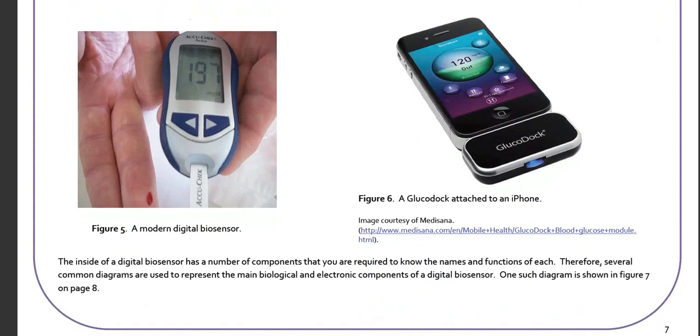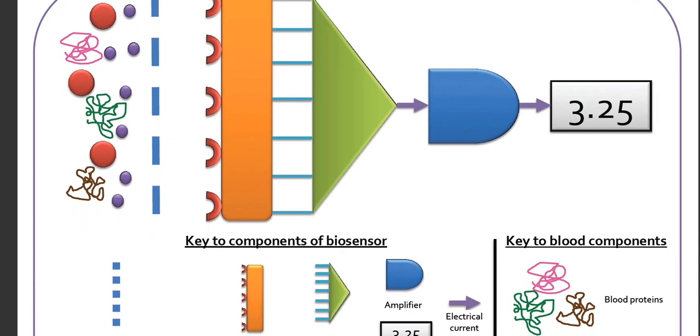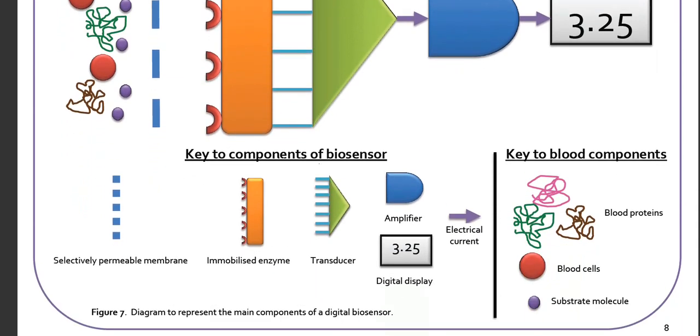Further on we've got pictures which show the general arrangement of the components of a biosensor. So you should be able to talk about the immobilized enzyme and the selectively permeable membrane. Here, immobilized enzyme there. The transducer is important.